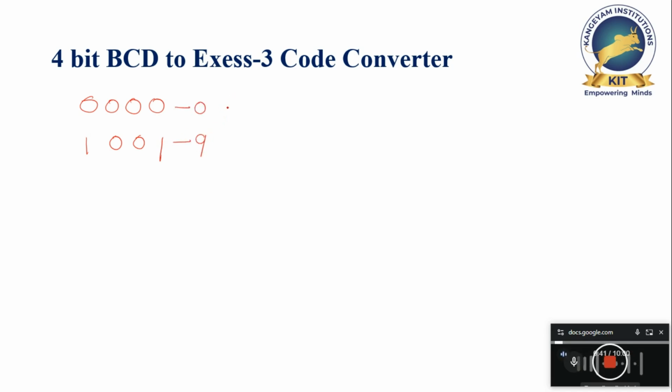Okay, so this is my BCD value. So then what is excess 3? Okay, so excess 3, as I told you, is input value plus 3. Suppose the input is 0 0 0 0. Assume this is the BCD value.